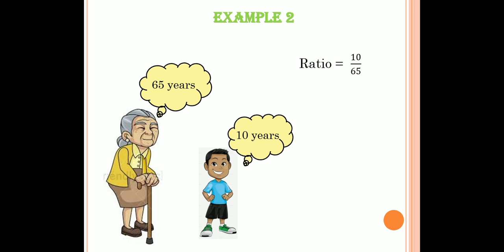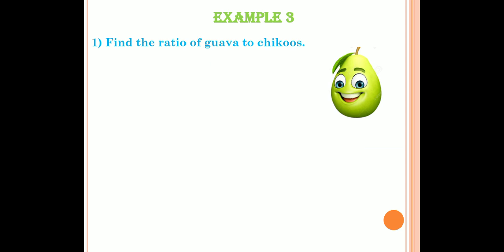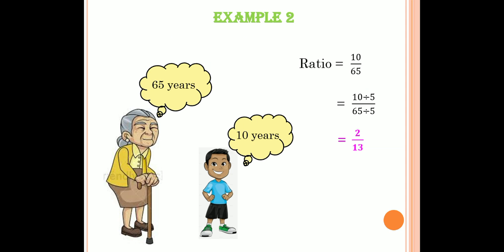So 10 upon 65, which table is common? It is the 5 times table. So you divide 10 by 5 and 65 also you divide by 5. When you divide it, you get an answer. That is 5 twos are 10, and 5 thirteens are 65. So your ratio over here will be 2 upon 13. Not 2:3, it is 2 upon 13.